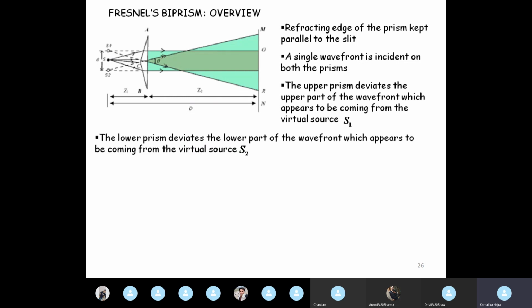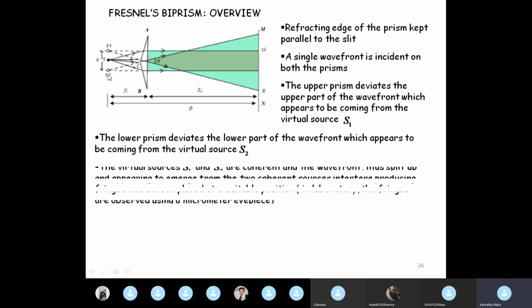And the lower prism deviates the ray in the opposite direction, and they appear on the screen at the position M. This should have a name over here, MO prime, say. And if you extrapolate them, then they appear to come from a virtual source S2.